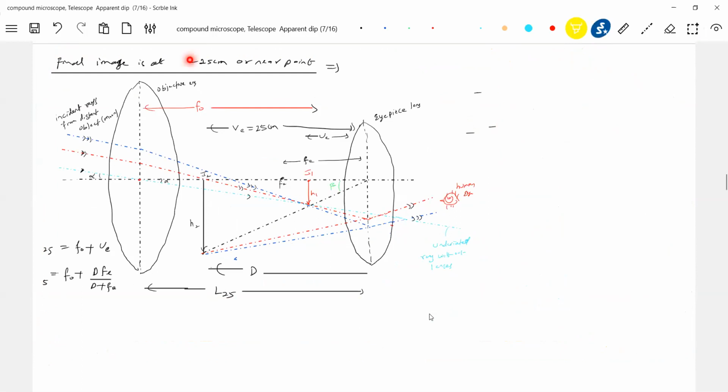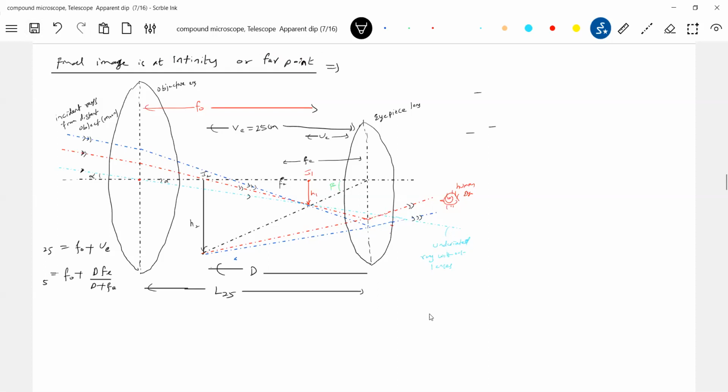Final image at infinity, or far point. According to terminology, you can just say final image at infinity or far point, or this is also called comfortable viewing or normal viewing.